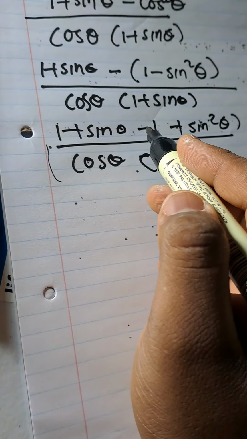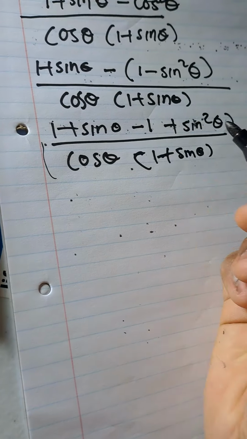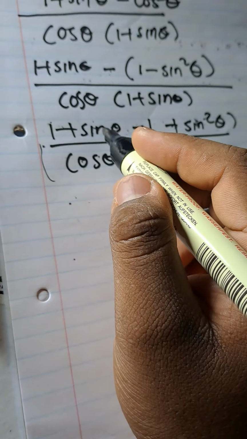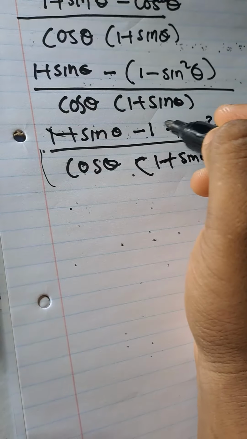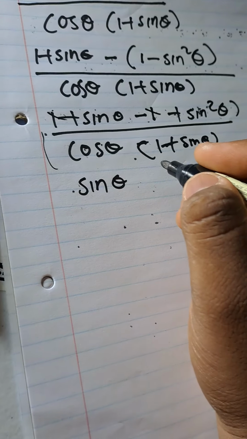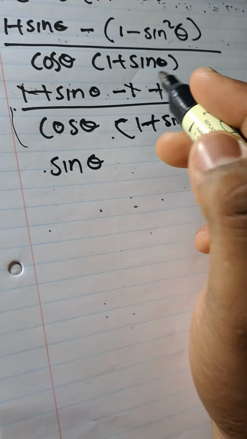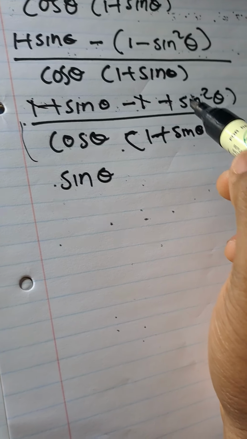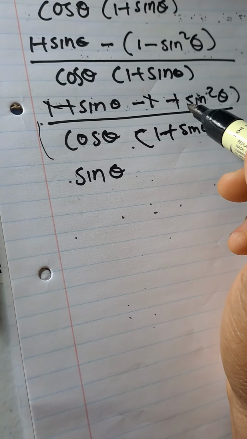You see? And then let me do my maths. 1 minus 1 is 0. So I'm going to be left with 2 sine theta, so it's going to be sine theta. Then since I have sine theta plus sine squared theta, I can check what's common.